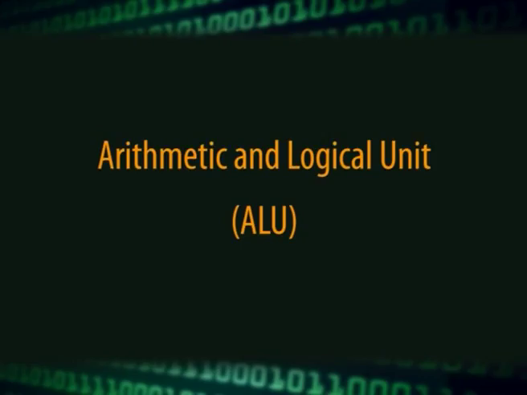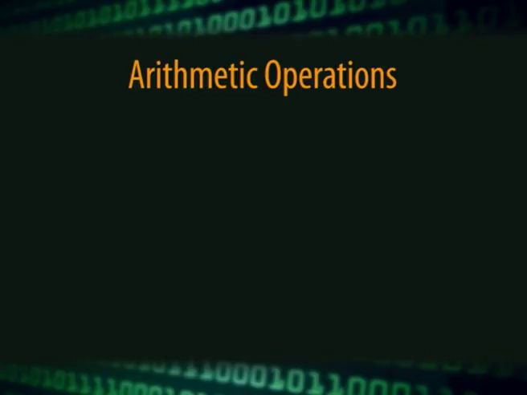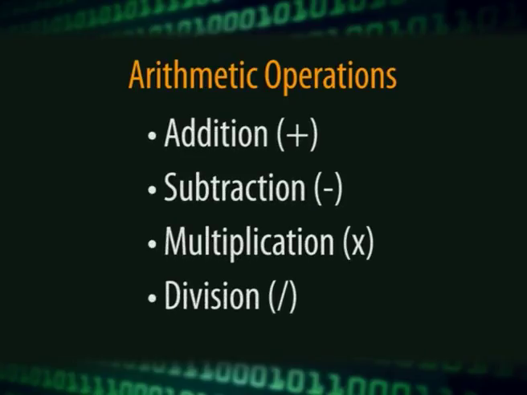The first component, as I explained earlier, is the arithmetic and logical unit, called ALU in short, used for arithmetic and logical operations. The arithmetic operations like addition, subtraction, multiplication and division are performed by ALU. The operands required for these operations are given to ALU either from internal registers or memory locations.